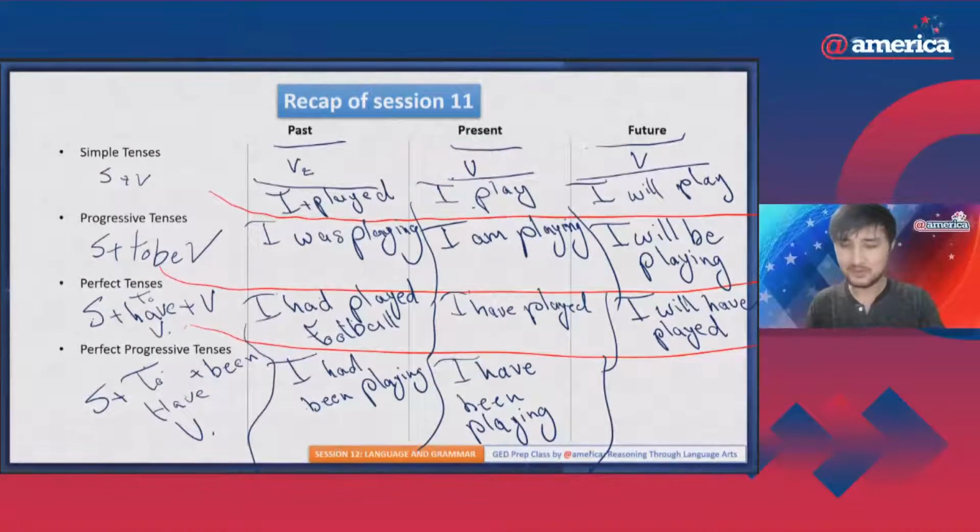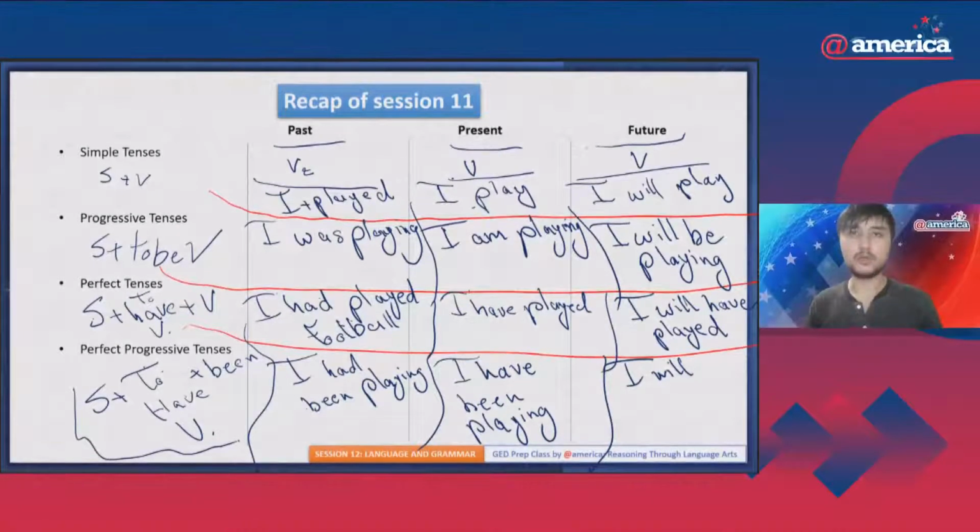Okay, for the future one, you use I. For this sentence, you say, I will have been. So that's why we said that it doesn't really matter which time or which moment of time you're talking about.